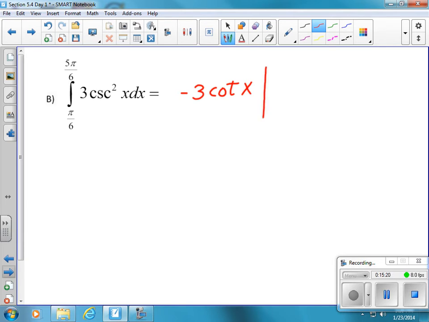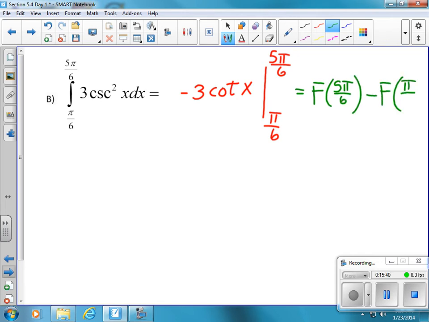And we want to take that from pi over 6 to 5 pi over 6. Remember, we're going to take the antiderivative at 5 pi over 6, subtract the antiderivative at pi over 6.